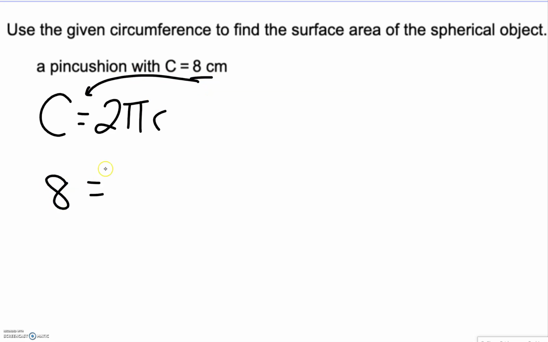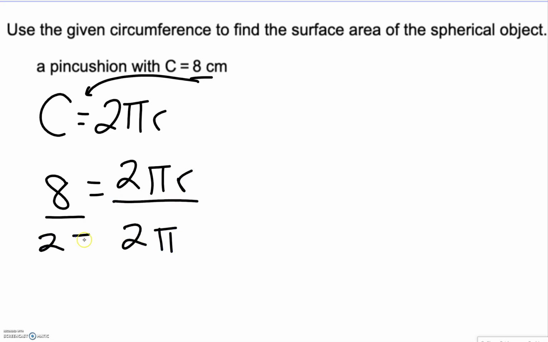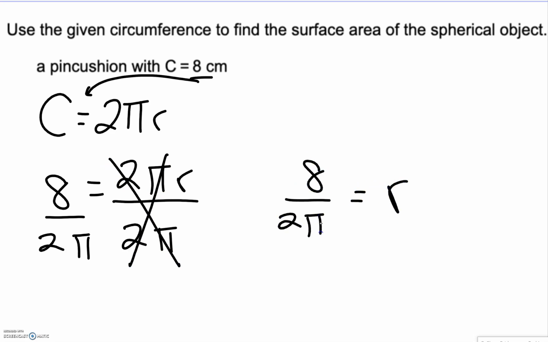So 8 equals 2 pi r, and we need to solve for r. Doing a little algebra, we're going to divide by 2 pi so that these cancel each other out. So I'm left with r equals 8 divided by 2 pi.